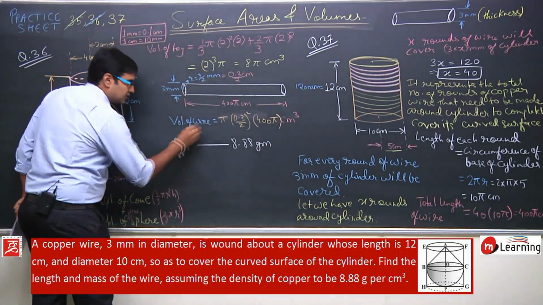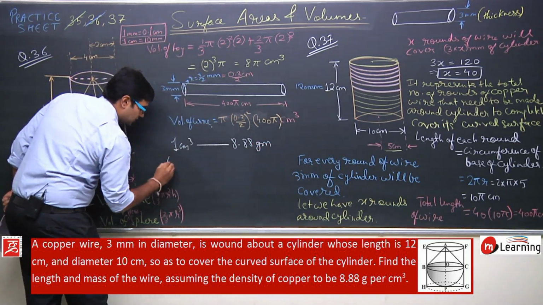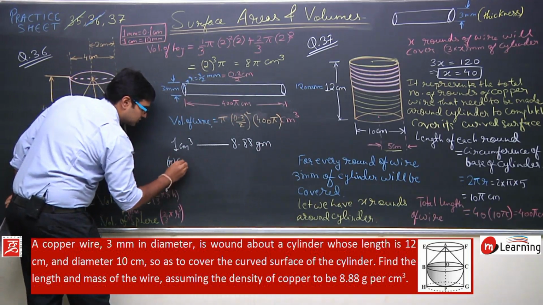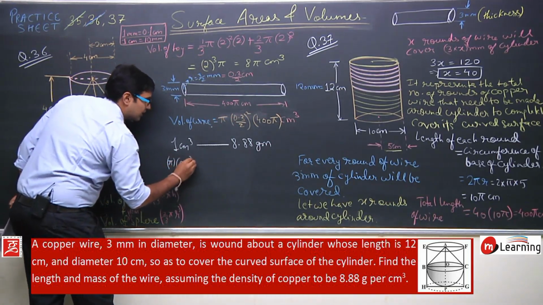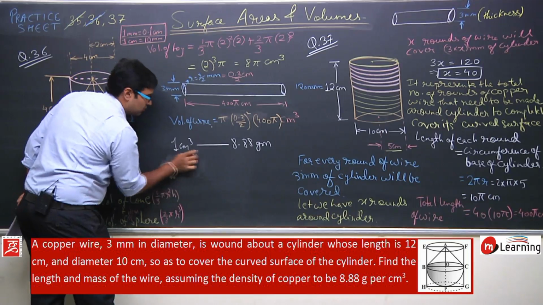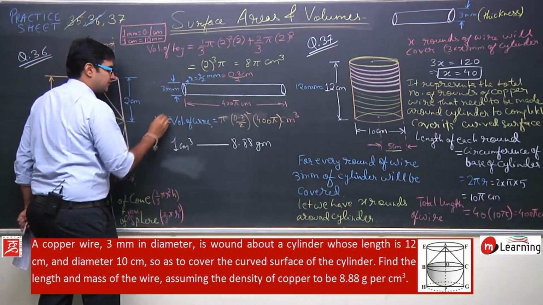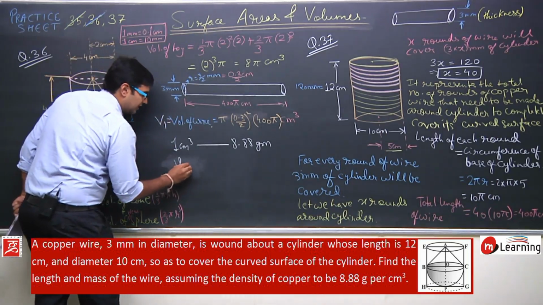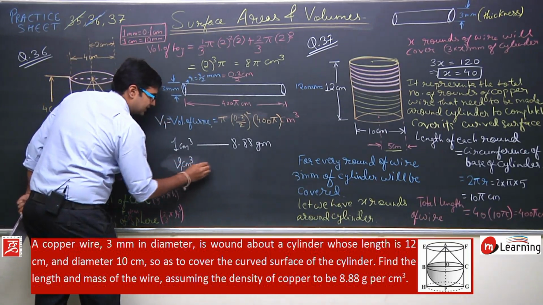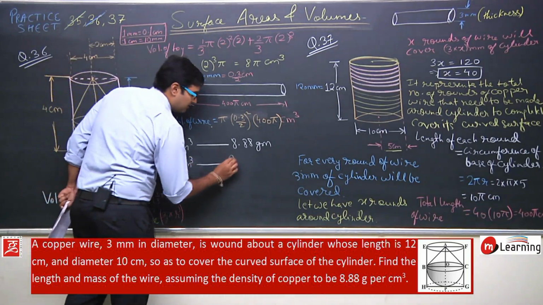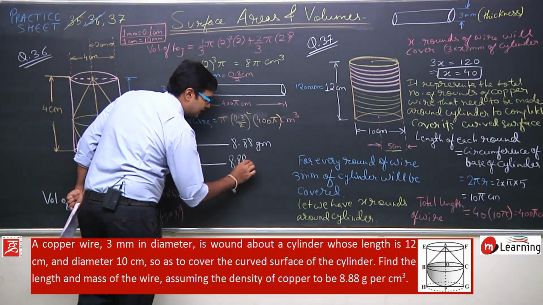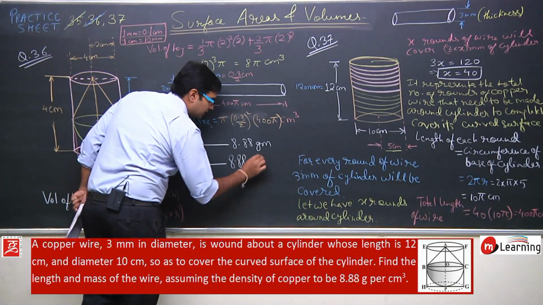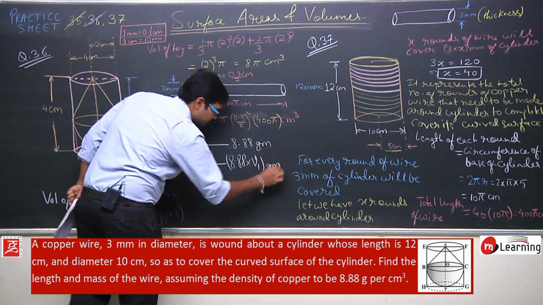So definitely this volume, that is pi into (0.3/2) square into 400 pi, let us name this volume V1. So V1 centimeter cube volume will have a mass of 8.88 into V1 grams.